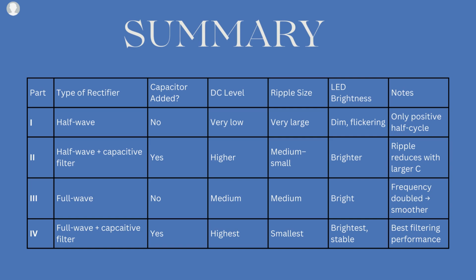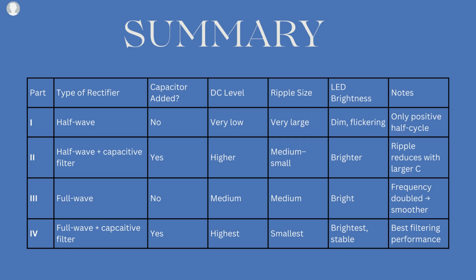For the LED brightness, half-wave rectifier has a dim and flickering LED, and part 2 has a brighter LED. Part 3 has a much brighter LED compared to part 2 and part 1, and part 4 has the brightest LED.